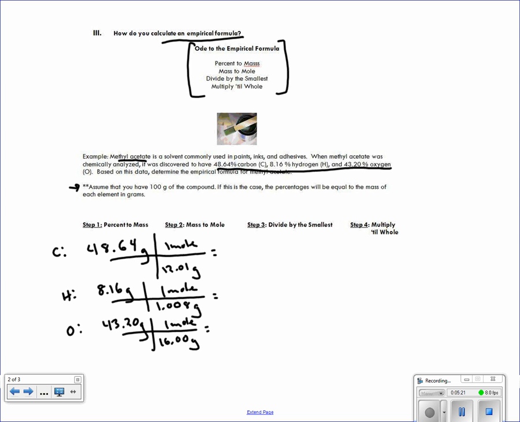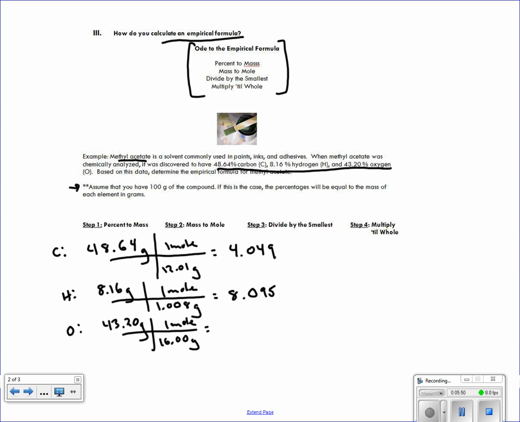So 48.64 divided by 12.01 gives us, and now this is where things get a little interesting. All this work that we've had you do with sig figs, you actually get to ignore for the moment, just for the moment. But we get a number like that. And then for our next one, 8.16 divided by 1.008, and we get 8.095.